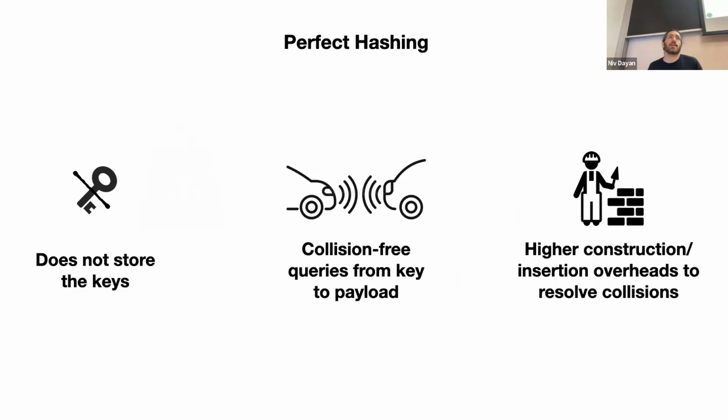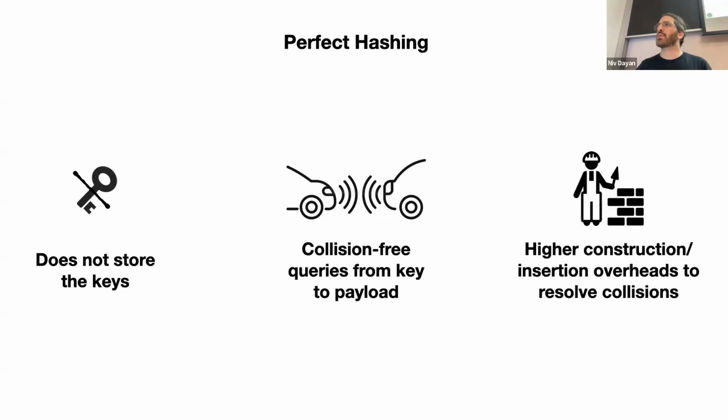The core idea here is, let's have a hash table that doesn't store the actual keys, but it still implements collision resolution to be able to map a given key uniquely to a particular payload that corresponds to that key. So there is a map. The map is collision-free, but we're not storing the actual keys. But given a key that we did actually insert, we can guarantee that we're going to return the correct payload.